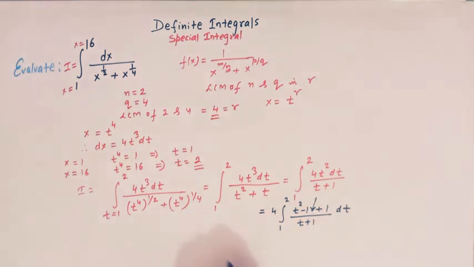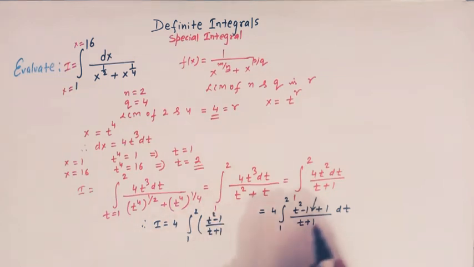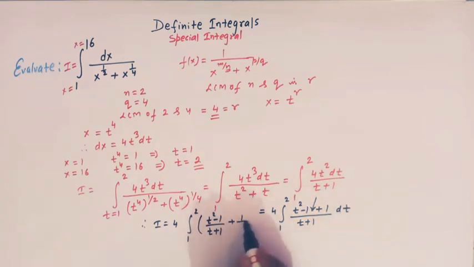So now I is equal to 4 times the integral from 1 to 2 of t square minus 1 over t plus 1, plus 1 over t plus 1.